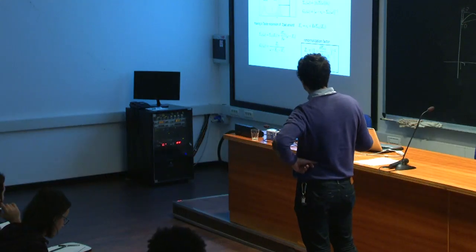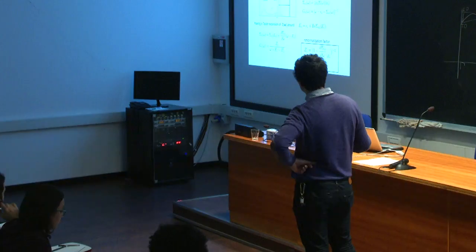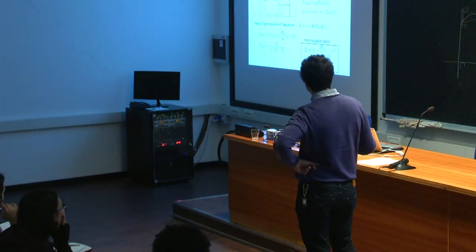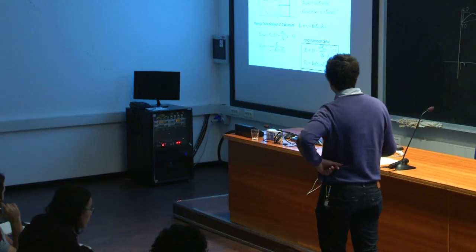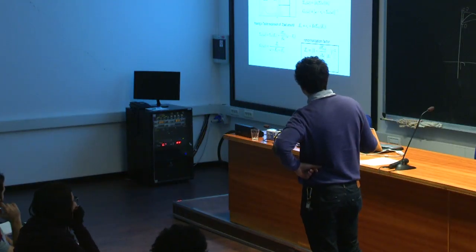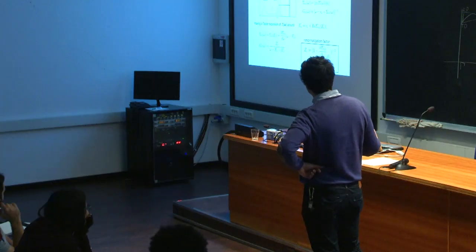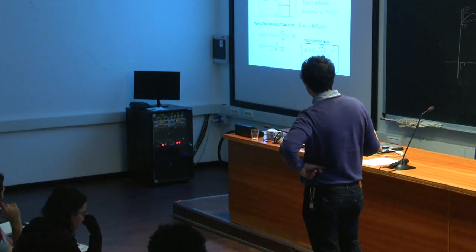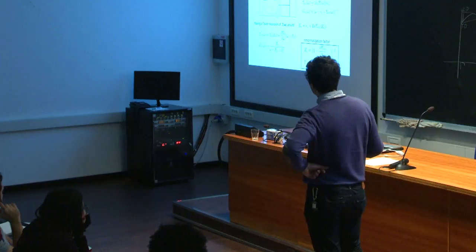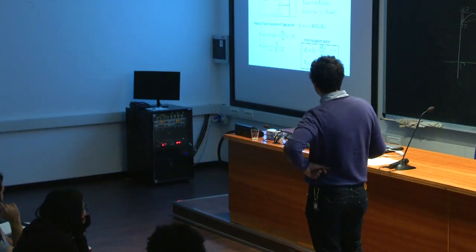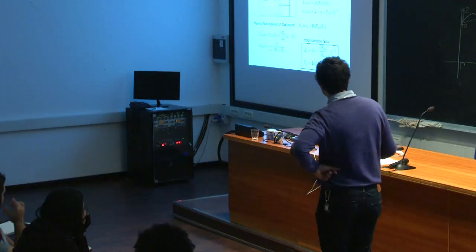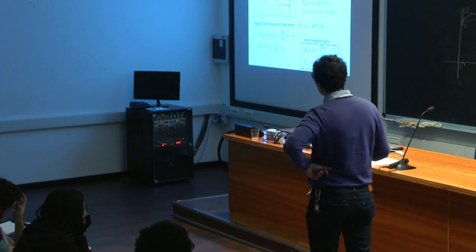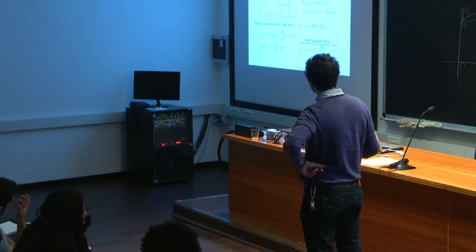So I can write the Green's function in this way, and then in order to get rid of the frequency dependence here that complicates the picture, I'll take a Taylor expansion, first order, so I have the derivative of the self-energy with respect to the frequency.